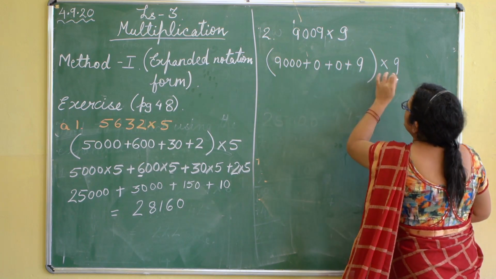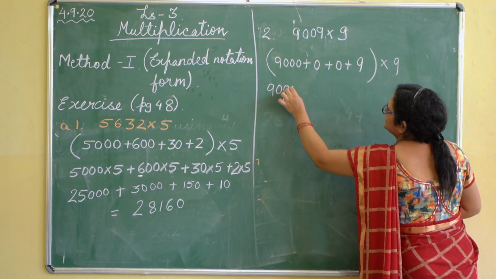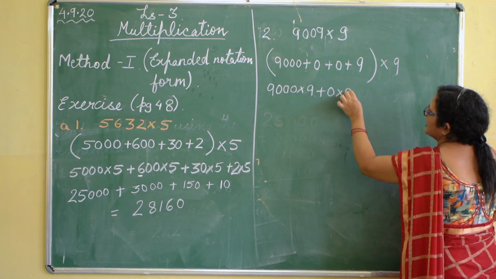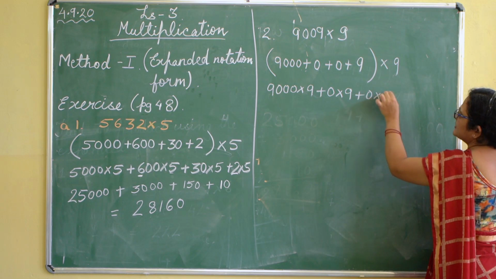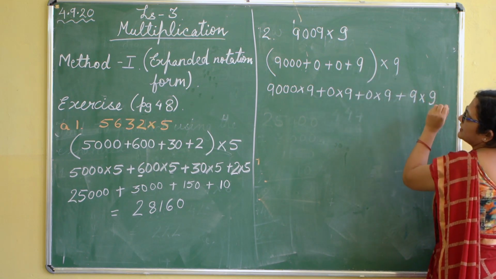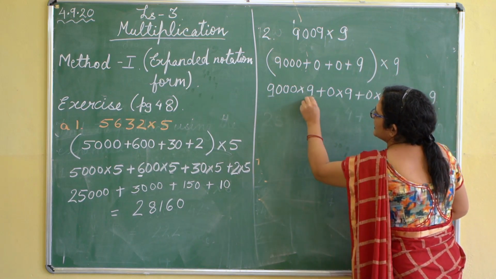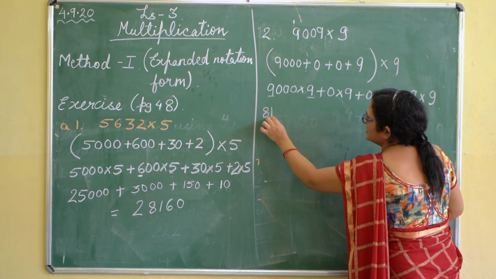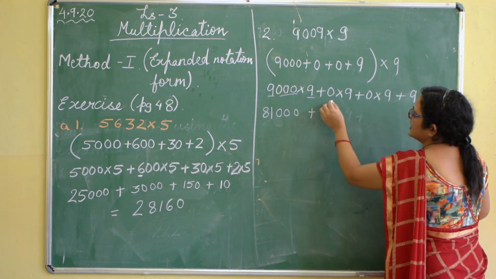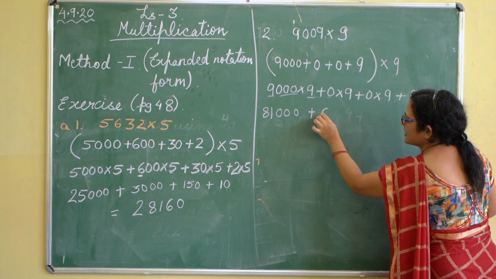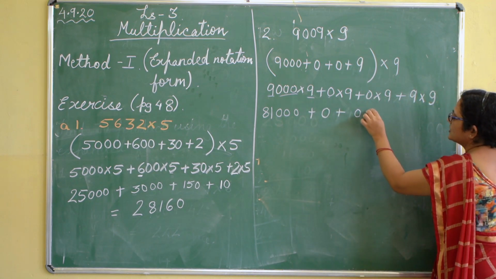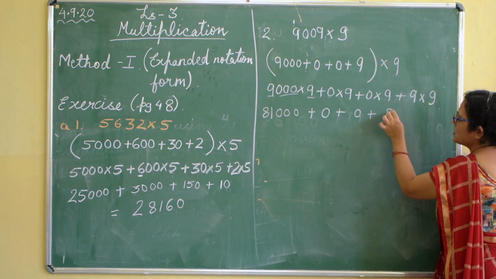So 9,000 multiplied by 9, plus 0 multiplied by 9, plus 0 multiplied by 9, plus 9 multiplied by 9. 9 nines are 81, with 3 zeros. 0 nines, any number multiplied by 0 gives 0. 9 nines are 81.